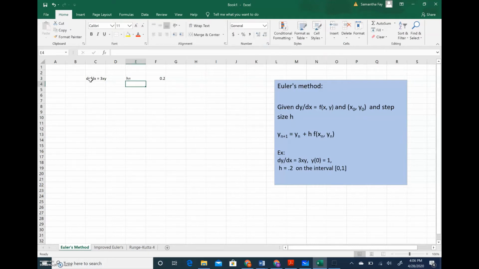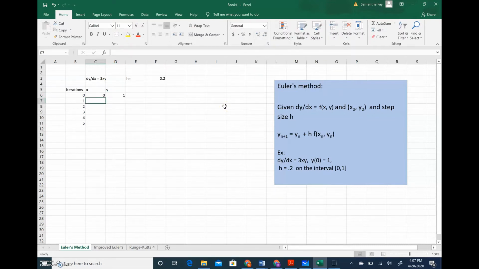One thing I like doing is having my iterations here, and then this one has only x and y. We start out with our initial conditions, and we have our first iteration all the way to our fifth iteration. Our initial conditions are x is 0 and y is 1.